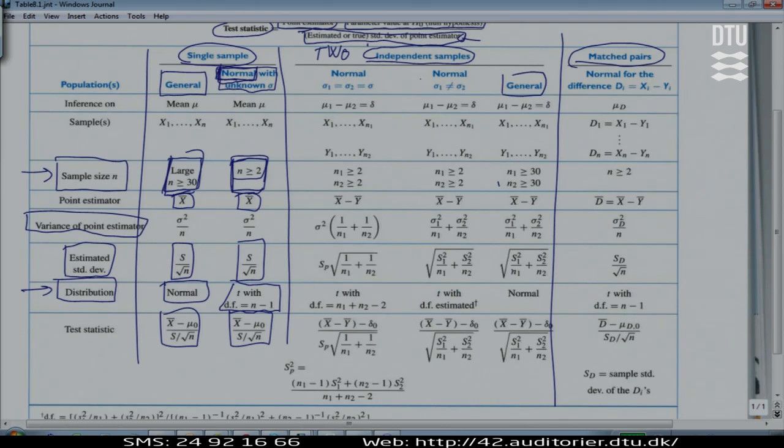The one which is called general is the one assuming that we have large sample sizes. When we have large sample sizes, for test statistics, or also for confidence intervals, what we do is plug in the 2 different variances as they come. We compute one variance, we compute the other variance in the 2 samples. We plug them in the formula and we move on from that.